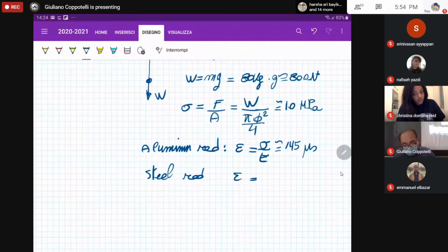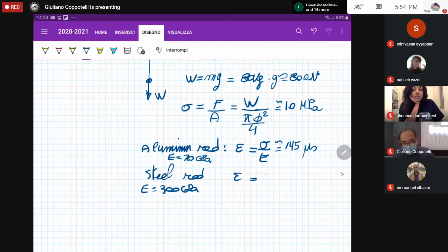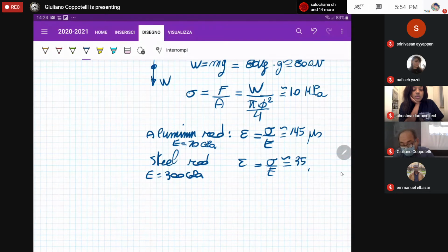If you have a steel rod, then steel rod means to me 300 gigapascal in terms of Young modulus. Here, E is equal to 70 gigapascal, as Young modulus. So what we get, once again, sigma over E is about, let's say, 35 microstrain.